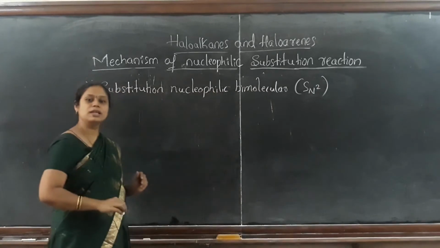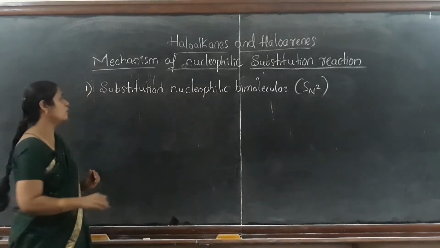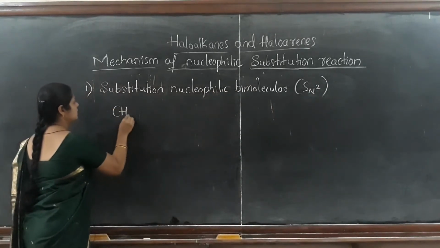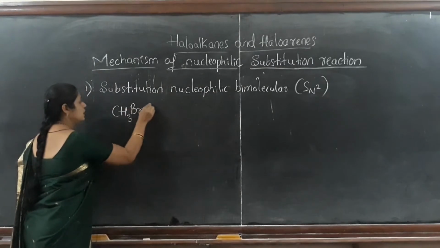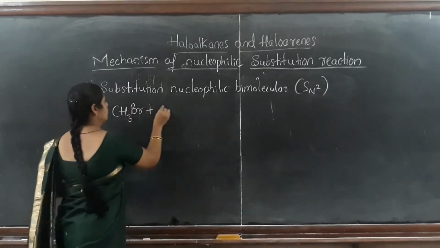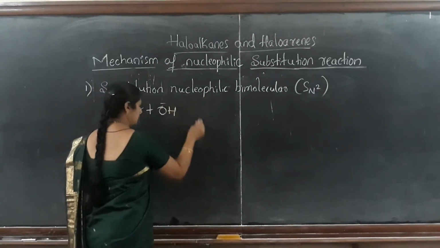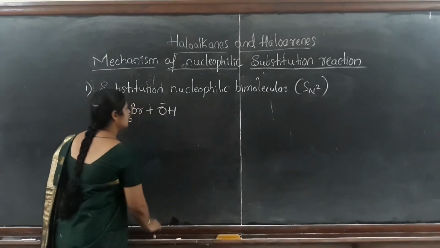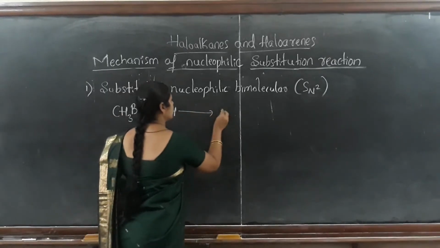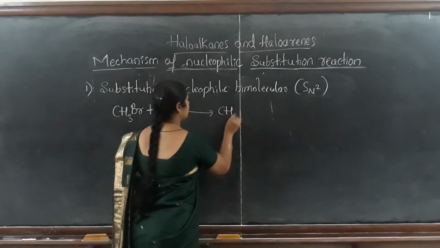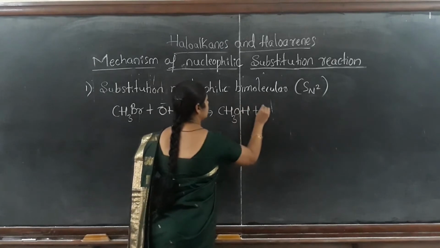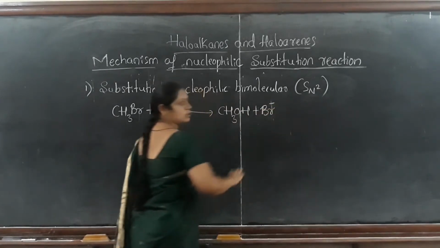Here we will take an example of methyl bromide when it is treated with a hydroxide ion. When it is treated with a hydroxide ion, we are going to get methyl alcohol and bromide ion.